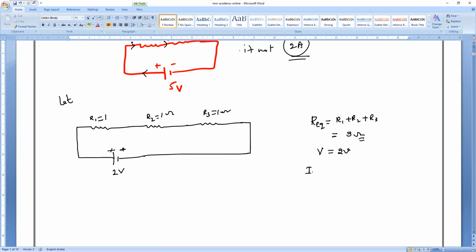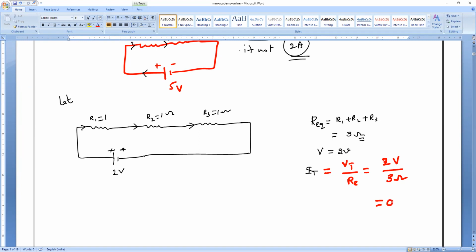So now the total current or current across every resistor: in series connection, current across every resistor remains constant. So total current is total voltage divided by total effective resistance, which equals 2 volts divided by 3 ohms. So what is the value of current, guys? 2 by 3.